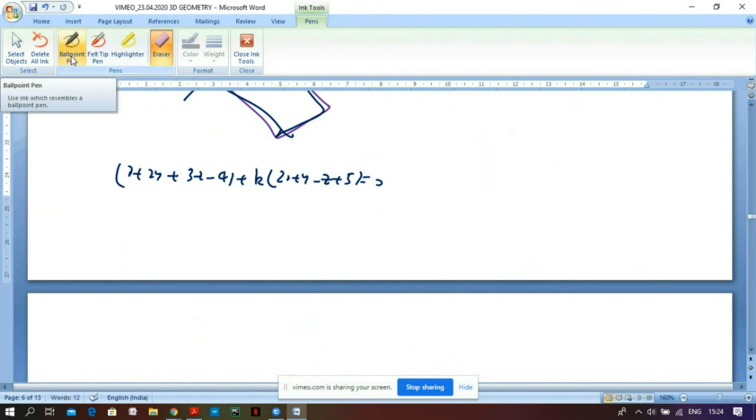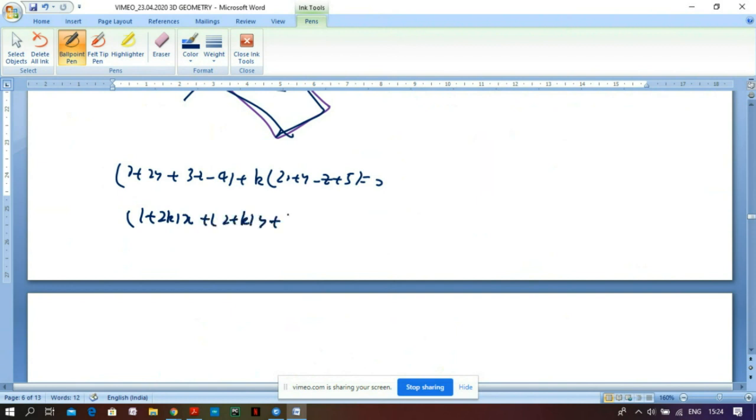So this is my plane that I want. That is 1 plus 2k times x, and similarly 2 plus k times y, plus 3 minus k times z, and minus 4 plus 5k equals 0. This is my plane.